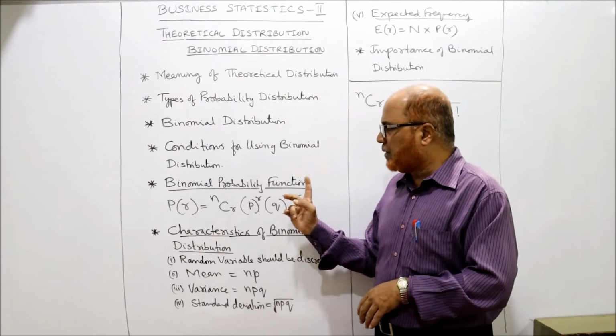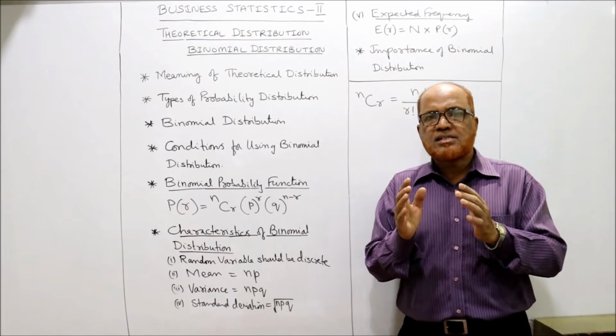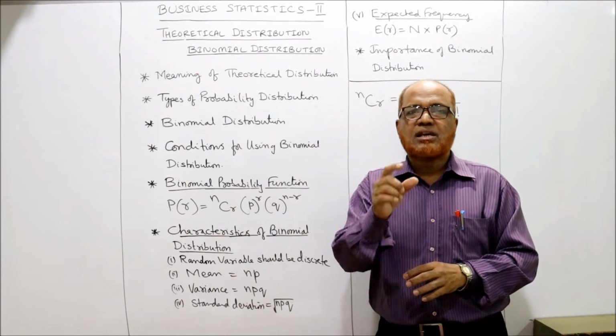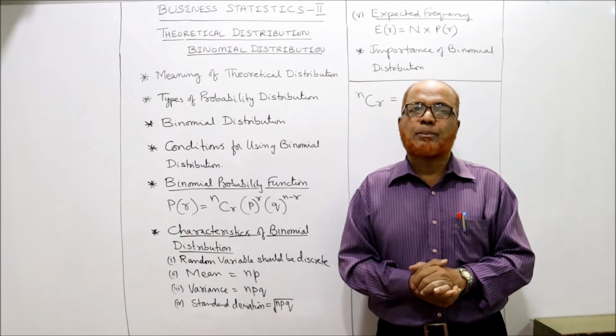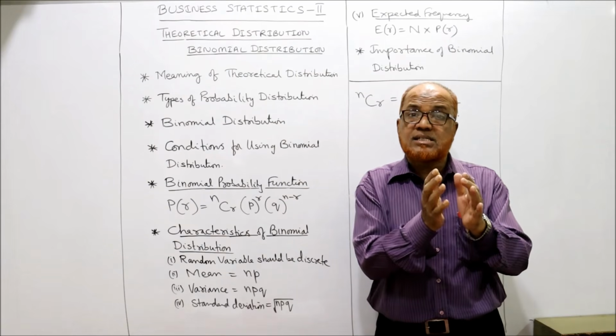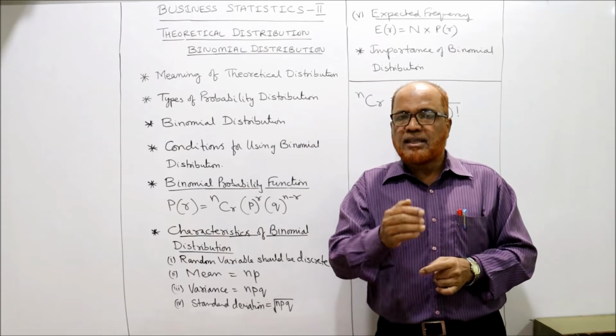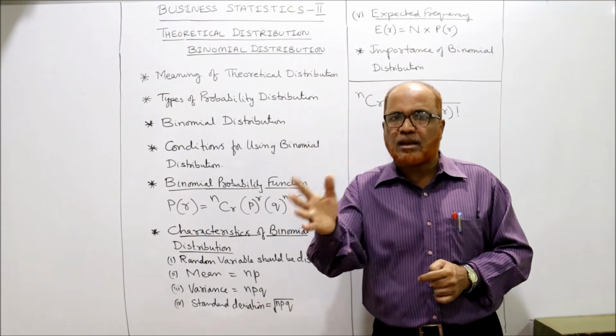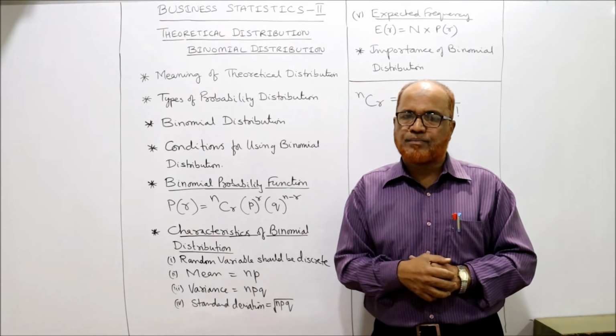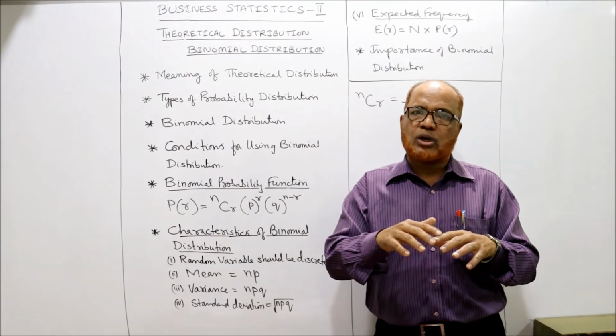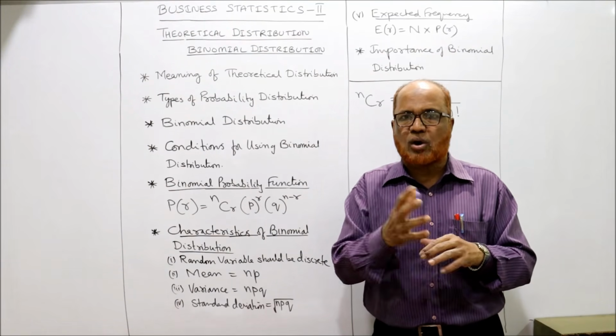Next, binomial probability function. James Bernoulli has given one formula to calculate the probability under such certain conditions. If those conditions are satisfied, the experiment is conducted n number of times, fixed number of times. Every experiment will produce two results, success or failure.